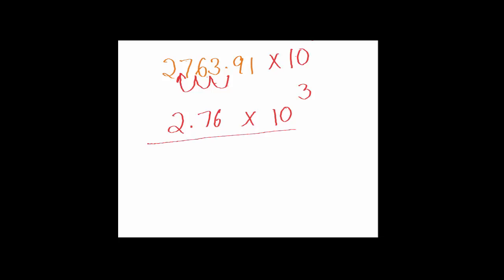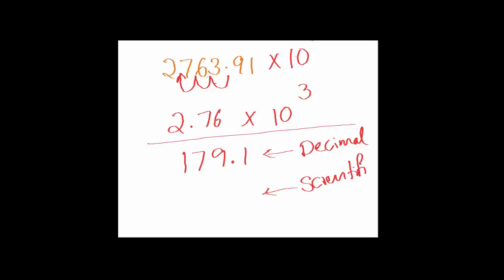All right, let us take another example. You have 179.1. Again, that is in the decimal notation, and we are converting this one into scientific notation.